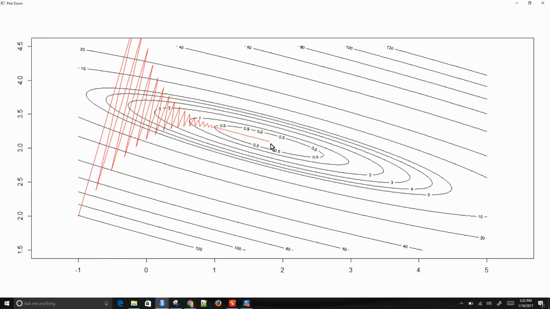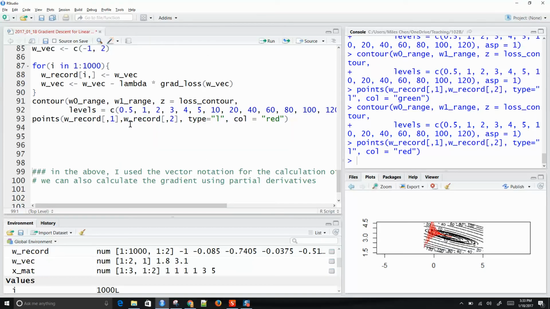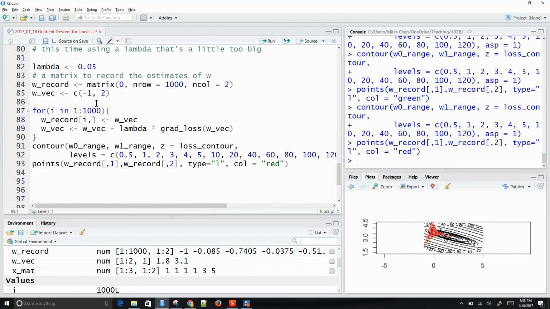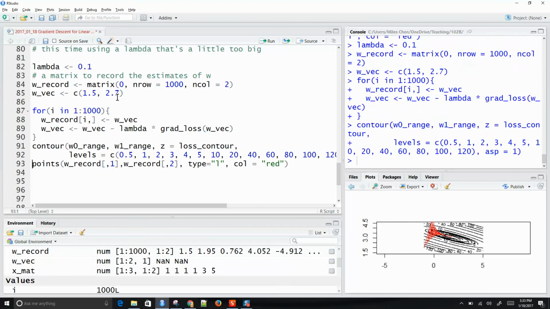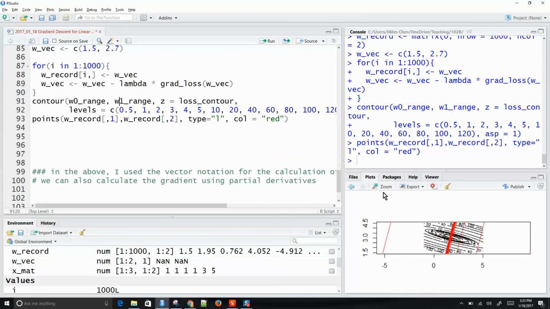Okay, but other times you start off somewhere and you take a step size too big, and it takes you in the wrong direction. So maybe if I start close, let's say 1.5 and 2.7, but let me just crank my lambda up to be a little bit too big. Okay, yeah, I did it too big.